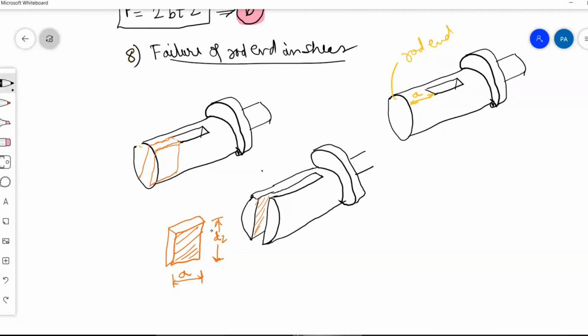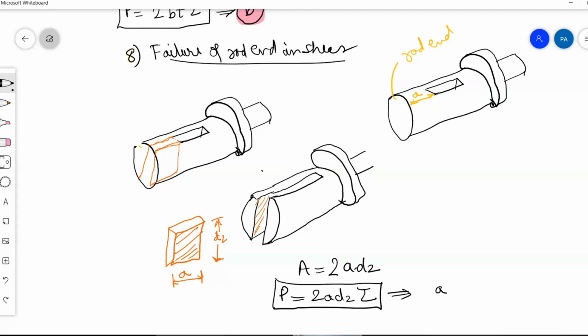So what will be the area now? Area is equal to A into D2. It is double shear, so 2 into A into D2. So I can write P equal to 2A D2 into tau. This is the formula, and from this we will get the value of A.